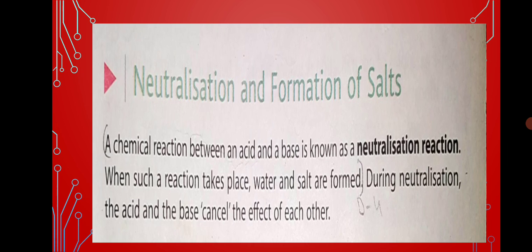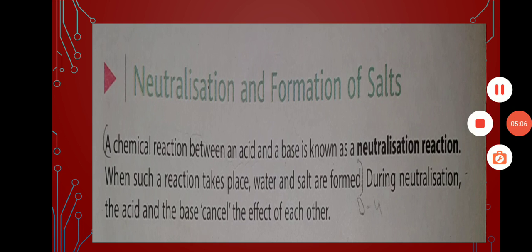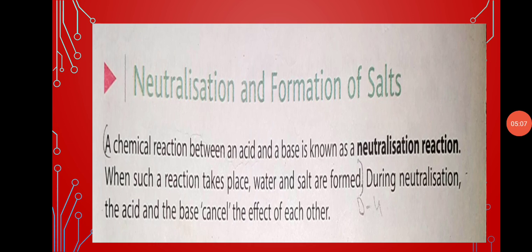A chemical reaction between an acid and a base is known as a neutralization reaction. When such a reaction takes place, water and salt are formed. During neutralization, the acid and base cancel the effect of each other.